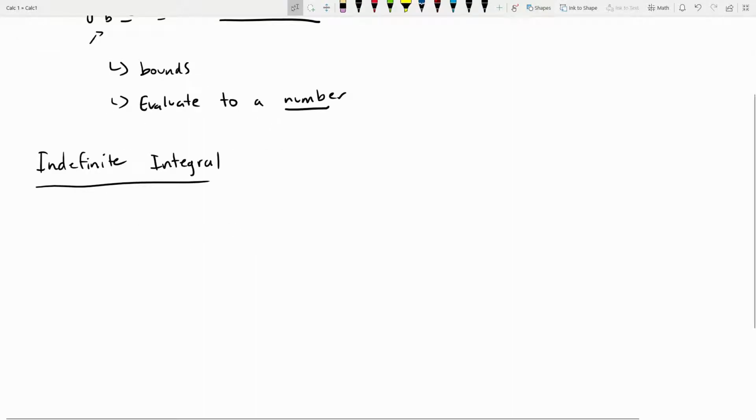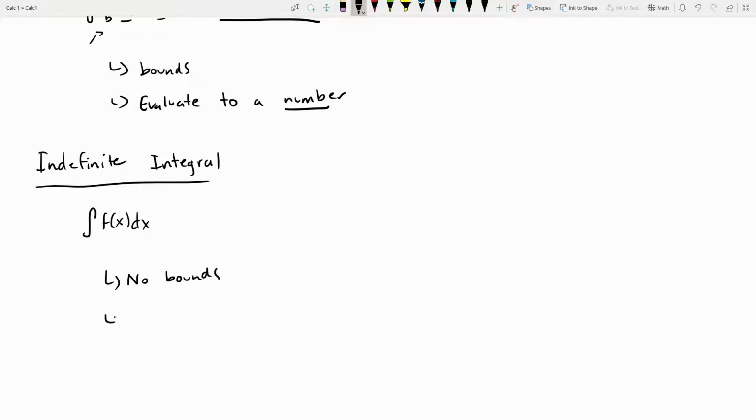Onto the indefinite integral, it looks pretty much the same as a definite integral. However, like I mentioned, we just don't have these bounds anymore. That's all that's different. So the key distinctions are that we have no bounds, and that when we evaluate this integral, it will evaluate to a family of functions.